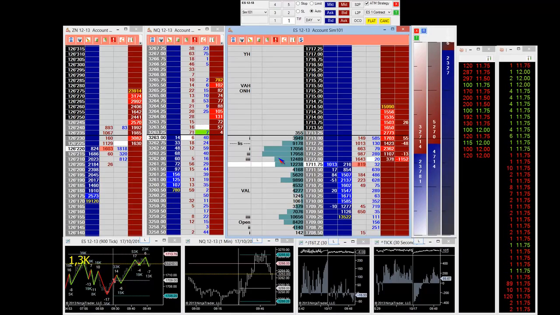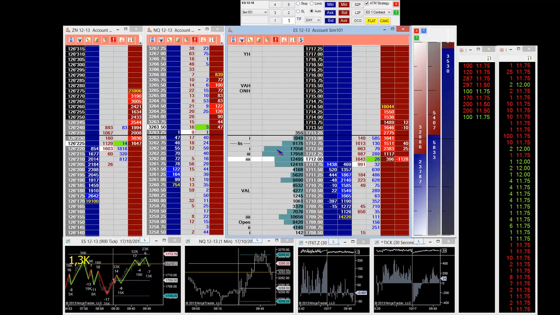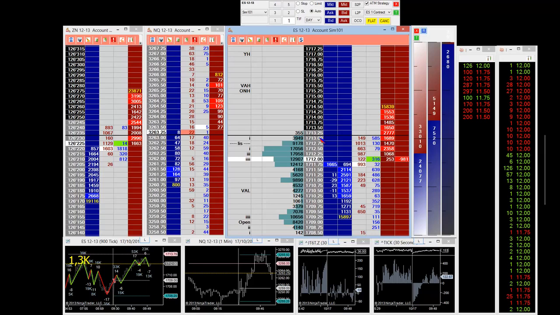As we move down from that area, the shorts are going to be quite happy and stay in their position. But the longs that were concentrated in that area, as we move away from it, are going to get very nervous and start to bail out. And that is why when we see these thick areas on the volume profile, we know that the stop losses are either side of those areas.